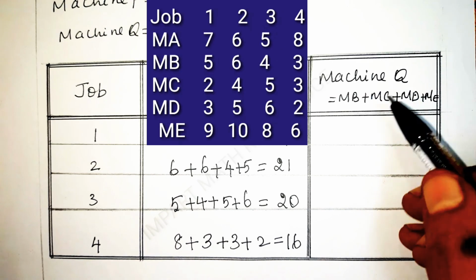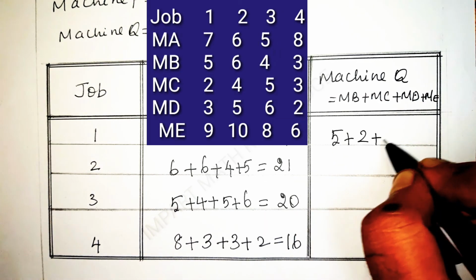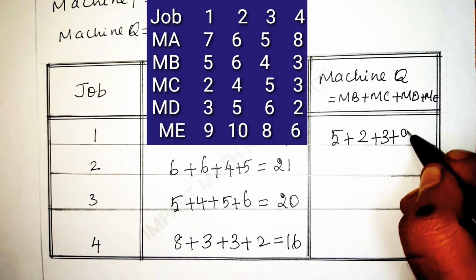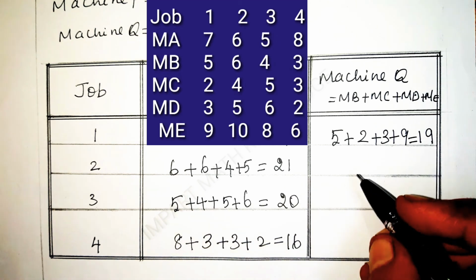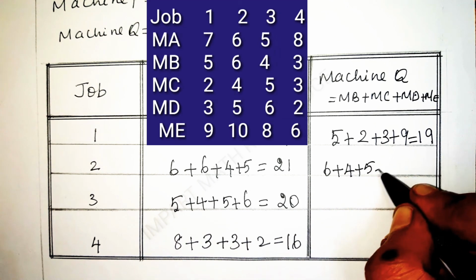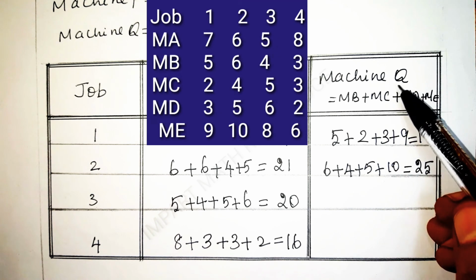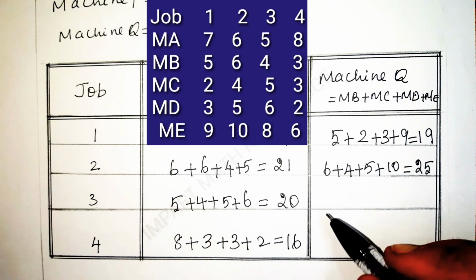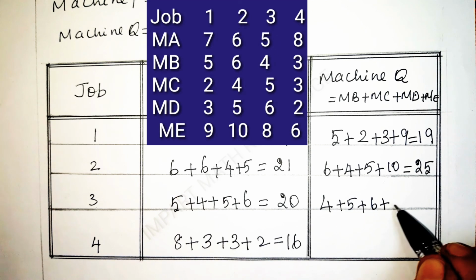Machine Q, job 1 is 5 plus 2 plus 3 plus 9. So the total is 19. For machine Q, job 2 is 6 plus 4 plus 5 plus 10. So the total is 25. Machine Q, job 3 is 4 plus 5 plus 6 plus 8.